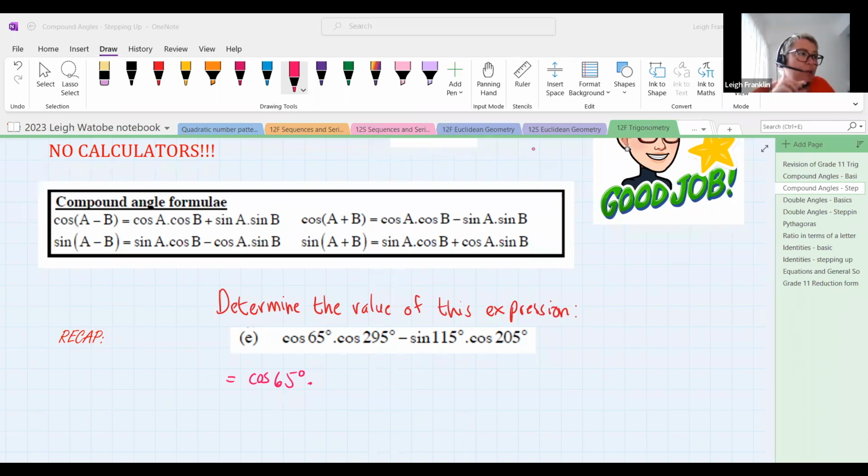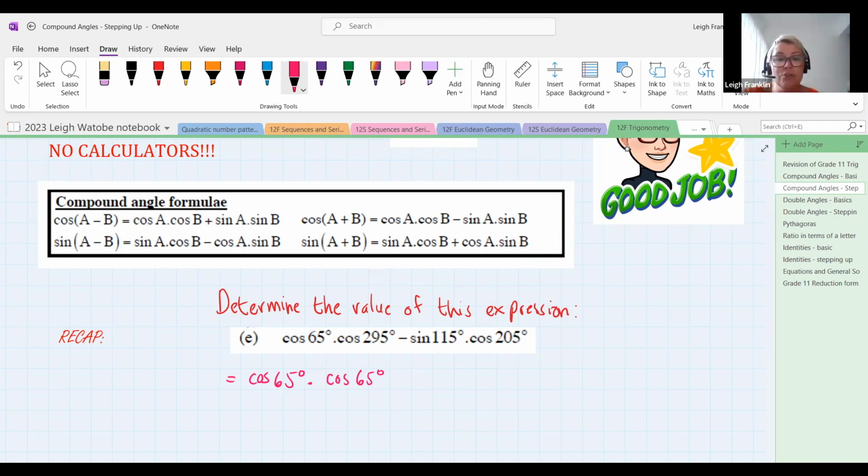If you've got the cos of 65 but you want to write it as the sine of 25, then do your cofunctions. So it's better to treat cos 295 as an angle in the fourth quadrant and reduce it. It's going to reduce to positive cos 65 because we're working in the fourth quadrant.